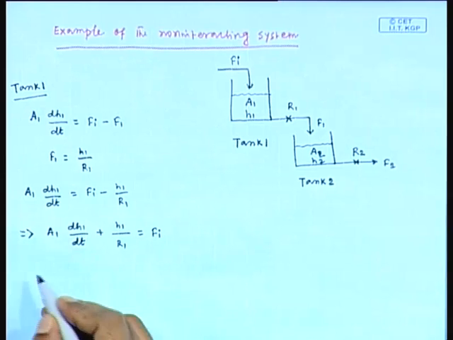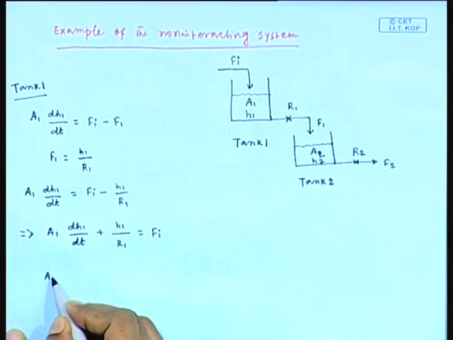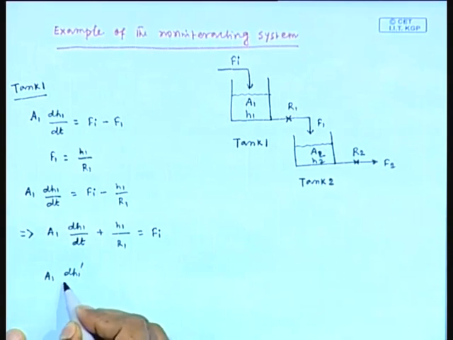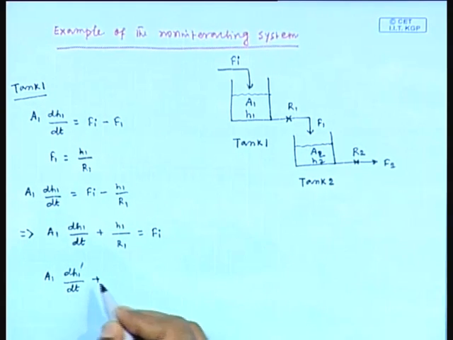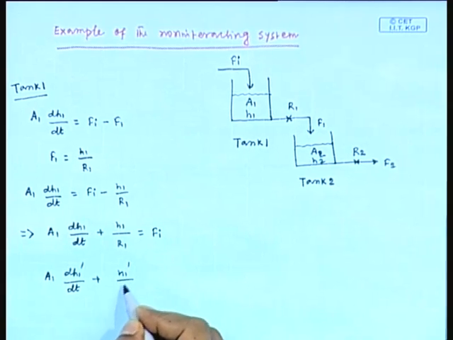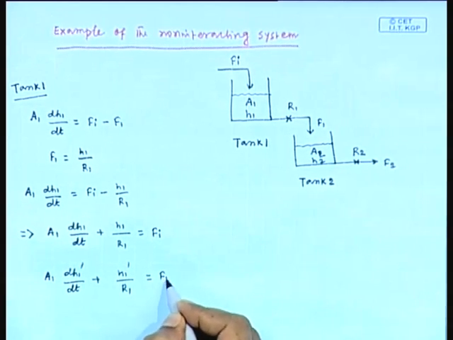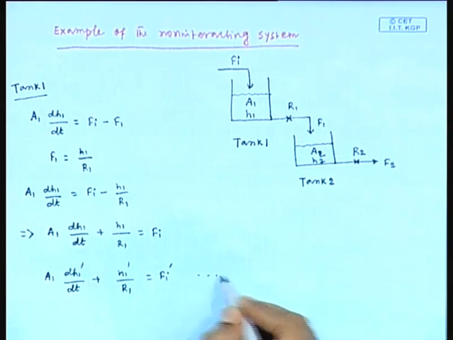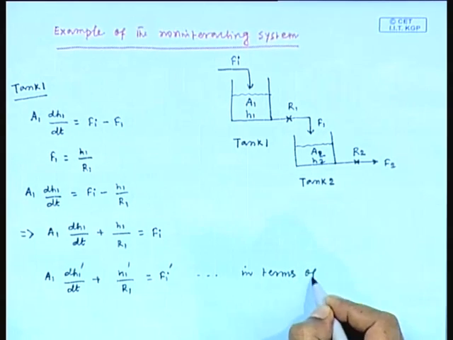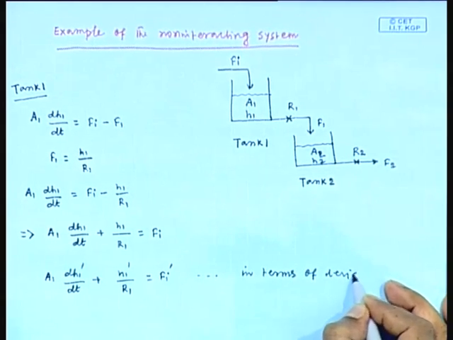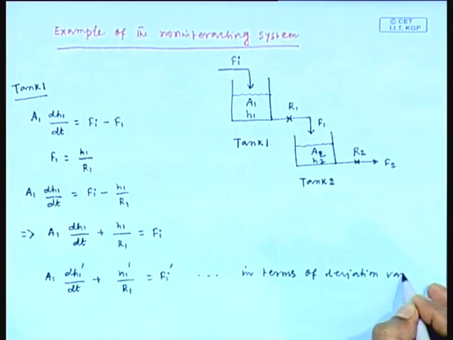Now, if we write this equation in terms of deviation variables, then we obtain A1 dh1'/dt plus h1'/R1 equals Fi'. This is the modeling equation in terms of deviation variables.